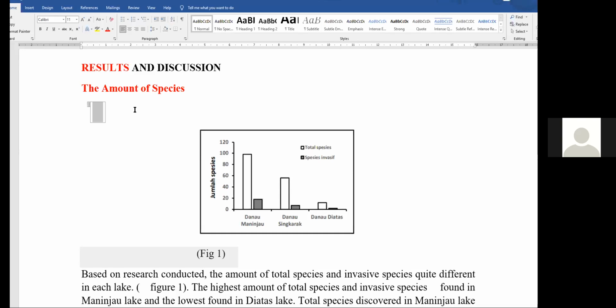Okay, I want to hear another opinion. What do you think, Adam? Adam Raihan, what do you think? Will you directly put the explanations about the data after you write the subsection title here, or will you put another part?